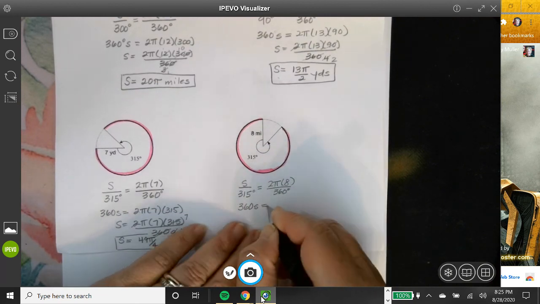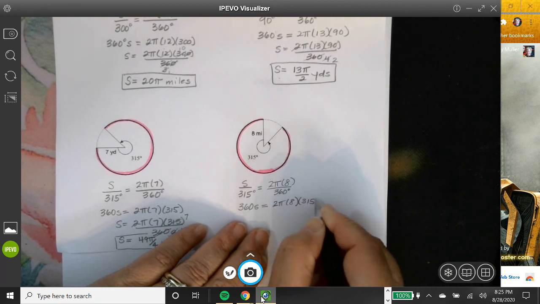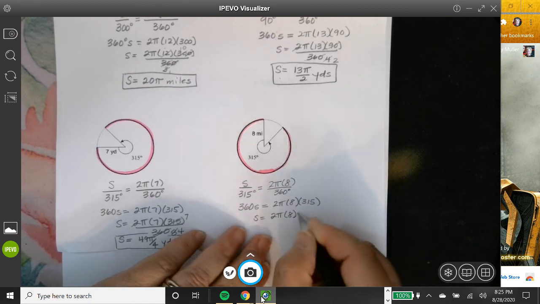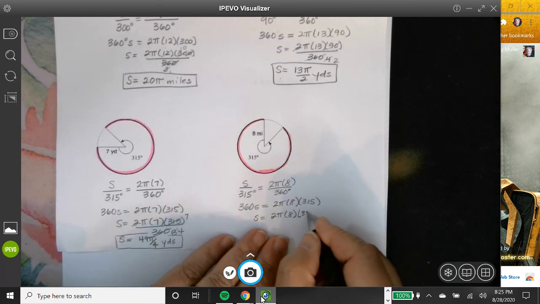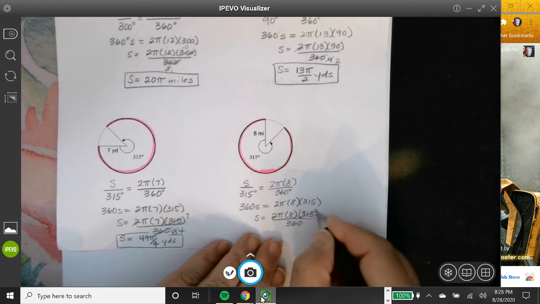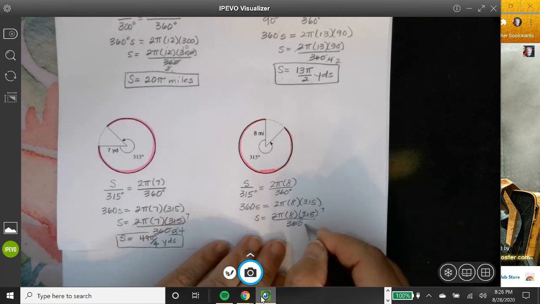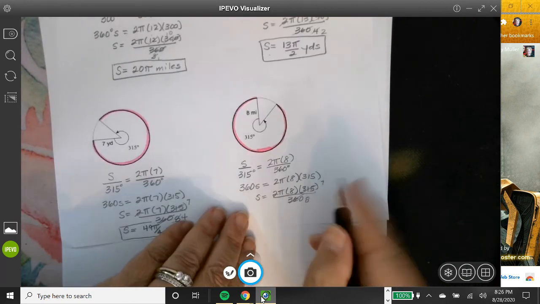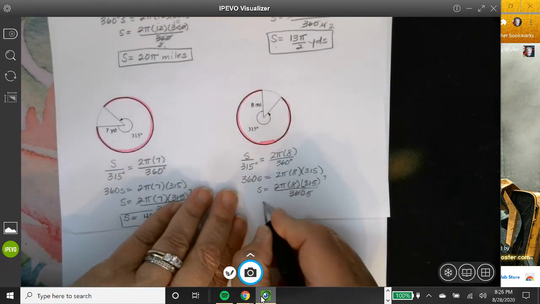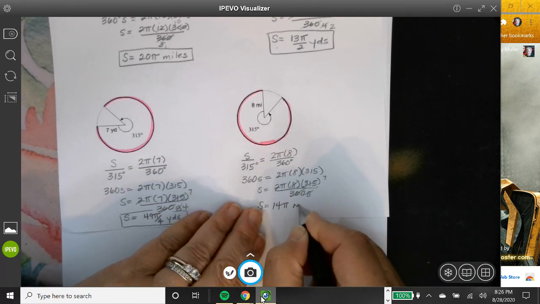S equals 2 pi times 8 times 315, and S equals 2 pi times 8 times 315 over 360. And we did this just a second ago, so we know 45 goes into that 7 times, 45 goes into this 8 times, and then this 8 and this 8 cancel, and we're left with just 14 pi. And the units are miles here.